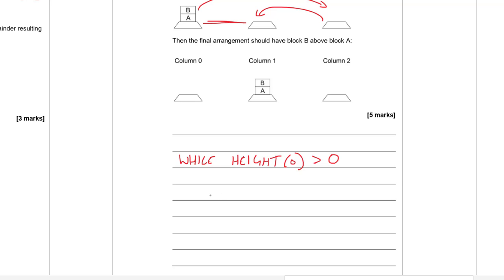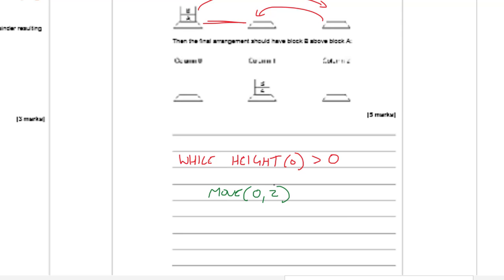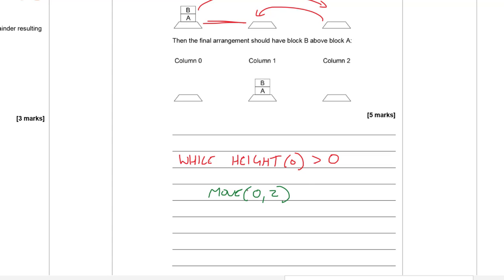While the height is greater than 0, each time we're going to move the current top value over into column 2 as our temporary stack, which is the A-level concept I was mentioning. So going from 0 to 2, and we can end that while loop, because that's our first stage: to get all of them over into column 2.